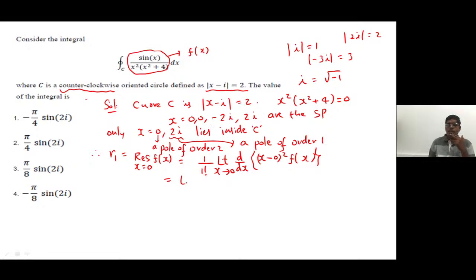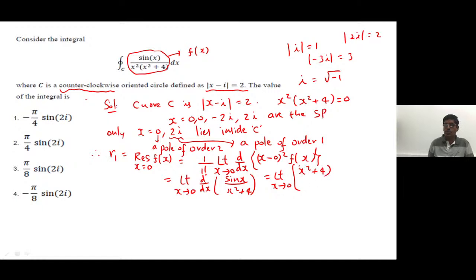So limit, 1 factorial value 1, x tends to 0, d by dx of, you will be getting simply sin x upon x square plus 4. Both numerator and denominator have x terms, so apply the quotient rule, u by v rule, for the derivative. Limit x tends to 0. Now first derivative: v u dash minus u into v dash by v square.